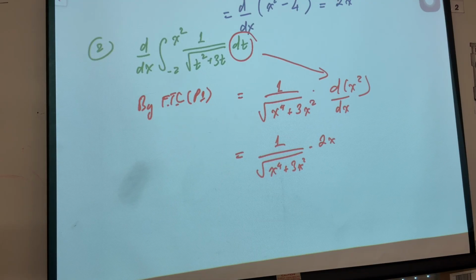You just use the chain rule. So here's the chain rule, and here we replace t, t equal to x squared, okay? That's what happened.